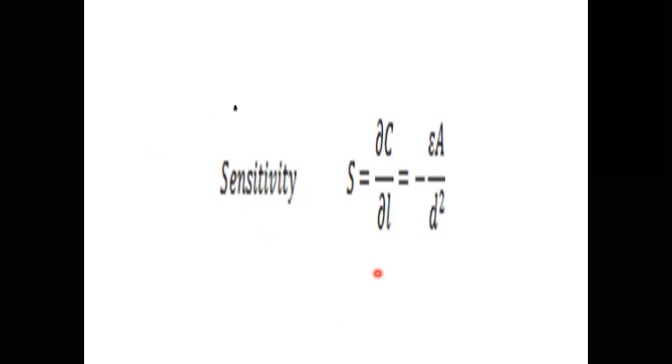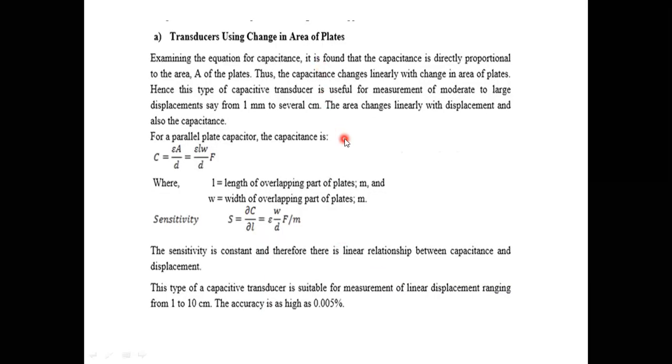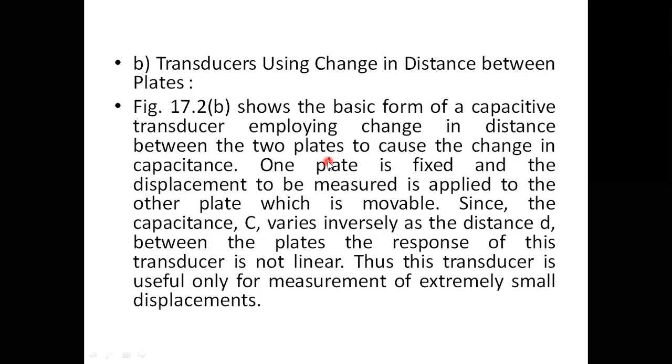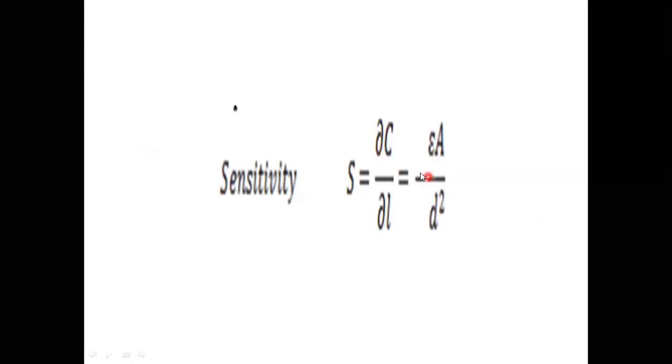If I use a capacitor transducer that uses change in distance between two plates, then the sensitivity is epsilon A by D square. It is a sensitivity.